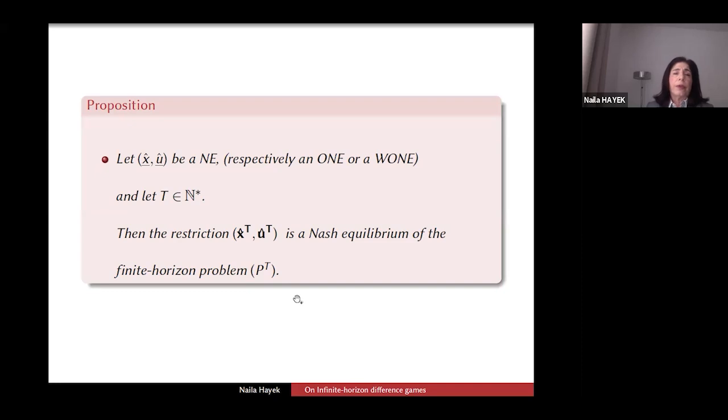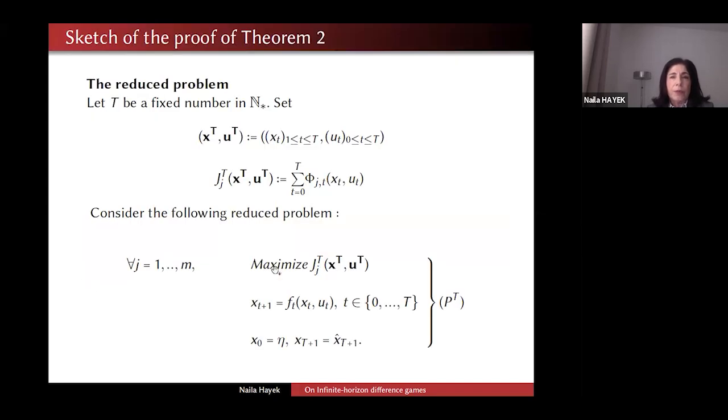If I start with a process (hat x, hat u) which is a Nash equilibrium for the first problem, respectively an overtaking Nash equilibrium or a weak overtaking Nash equilibrium, and I choose a non-zero integer T, then the restriction of that process to capital T, so if I take the truncated sequences (bold hat x_T, bold hat u_T), this process will be a Nash equilibrium of the finite horizon problem that I wrote here.